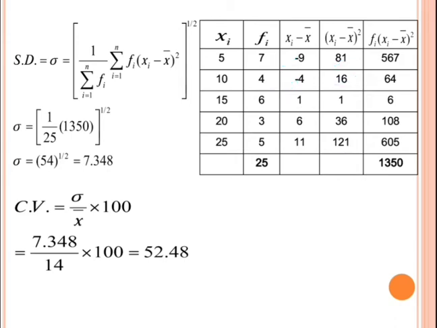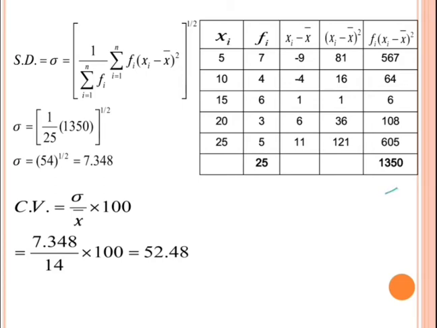Next, we will multiply these two columns. Fi into xi minus x bar the whole square. That is 7 into 81, that is 567. 16 into 4, that is 64. Similarly, we will multiply these entries and we will find the total. You get the total as 1350.